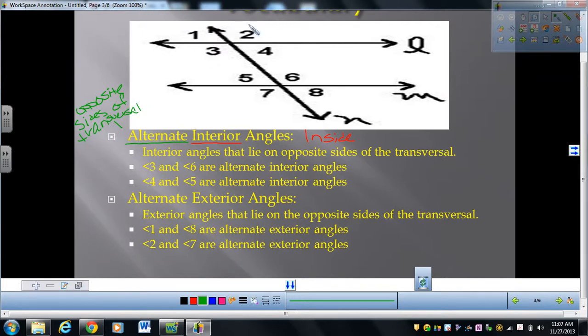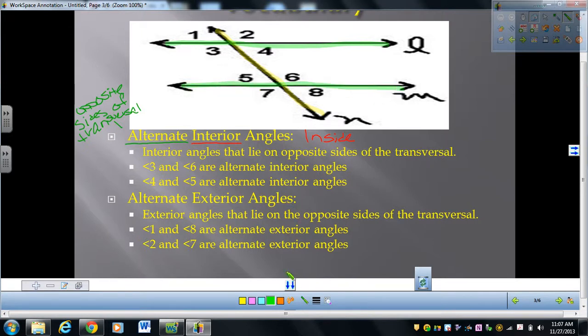Okay, so here's your transversal line. Let's just highlight that real quick. Here's your transversal line right here. Okay, and then let's highlight our parallel lines so you know that those are parallel. So we've got that one that's parallel and that one that's parallel.